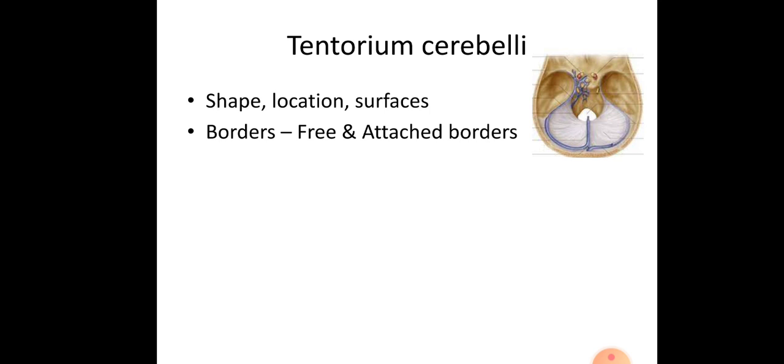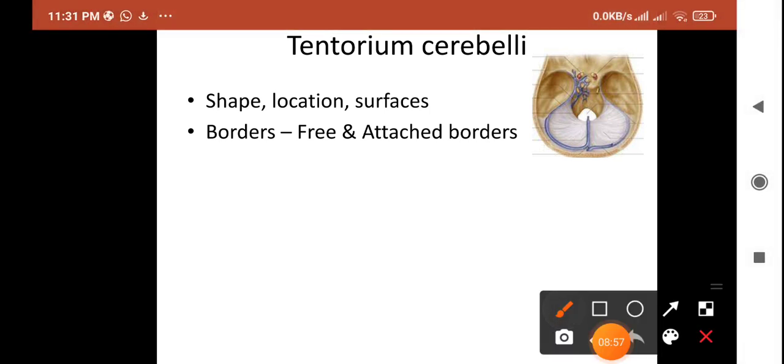The attached border has a posterior part and an anterolateral part. So you can see the attached border starts from here, this is the occipital part. Posteriorly it is attached to the occipital bone.